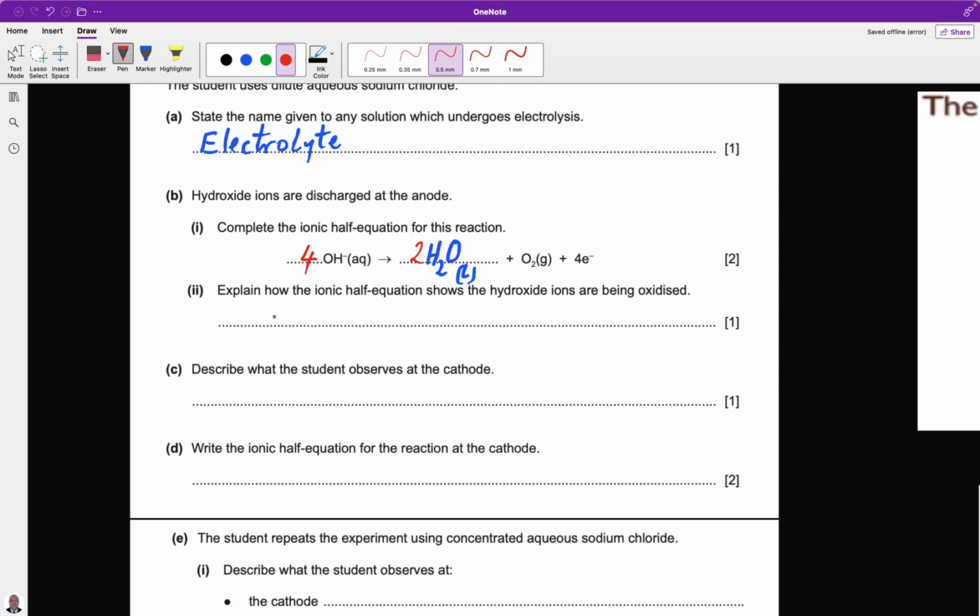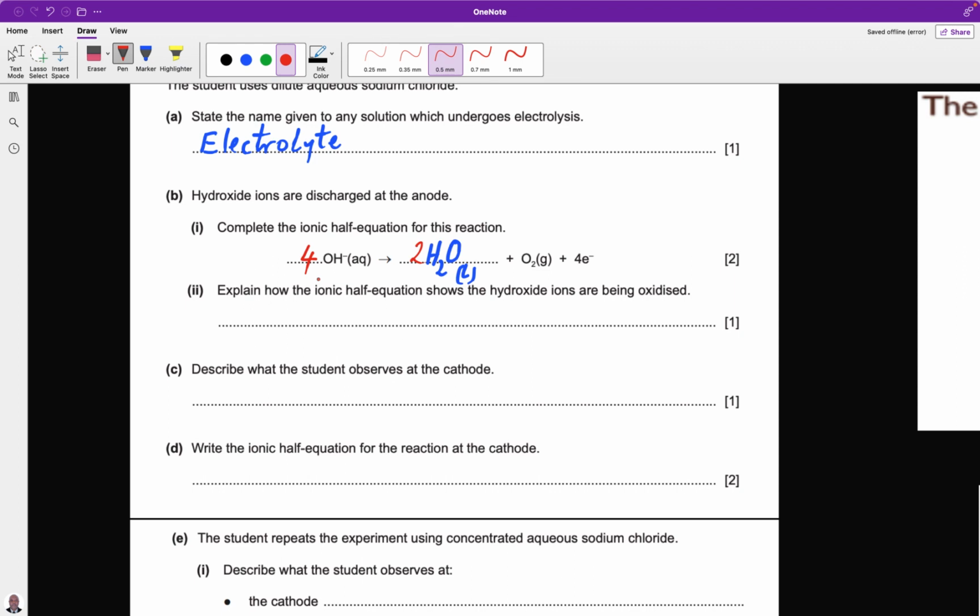Now, explain how the ionic half equation shows the hydroxide ions are being oxidized. How do you know that the hydroxide ions are being oxidized? Oxidation is loss of electrons. We can say that the OH ions lose electrons.